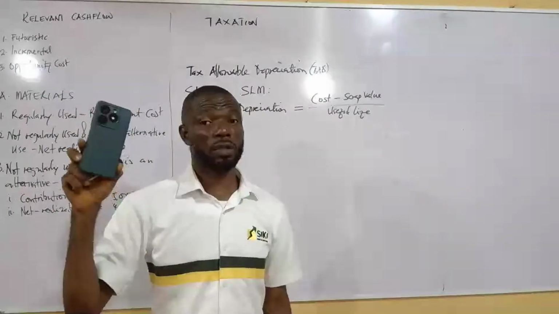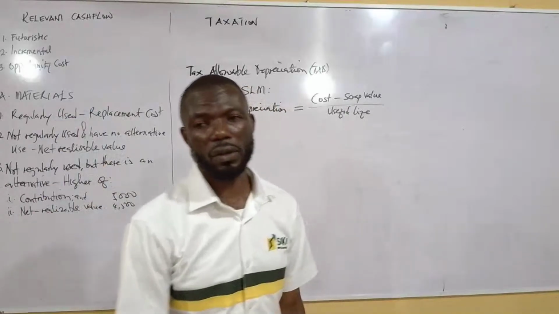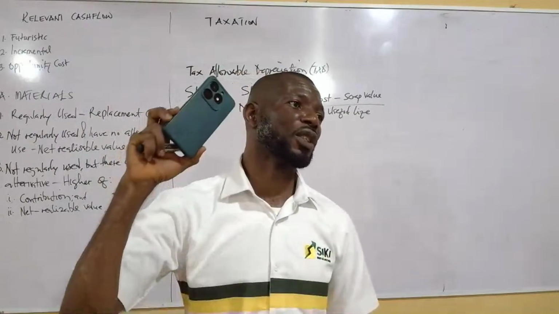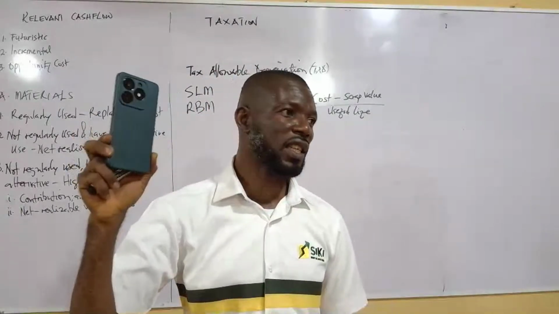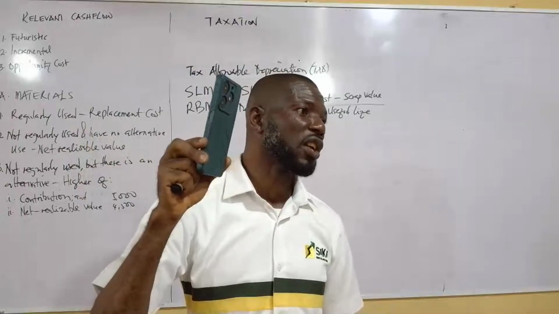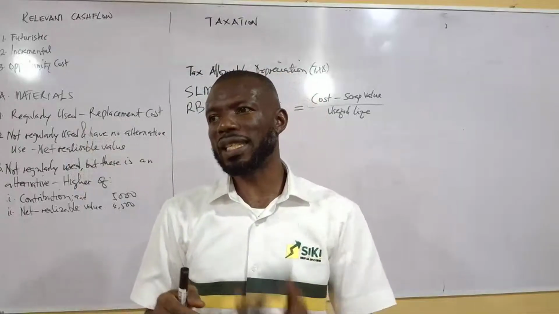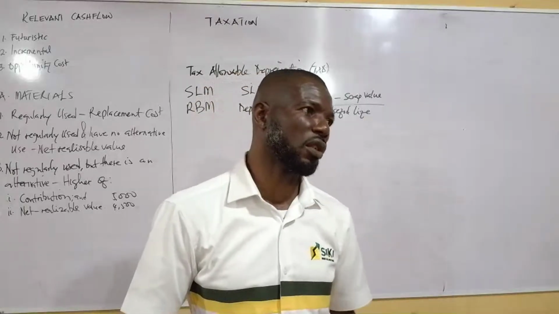You bought it for how much? People are not paying attention. You bought it for 200,000. You use it for 5 years, and you sell it for 50,000. What is the value that will drop on this asset on an annual basis? That is the depreciation.